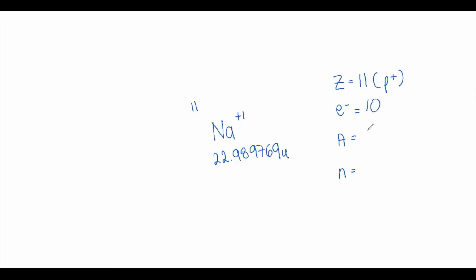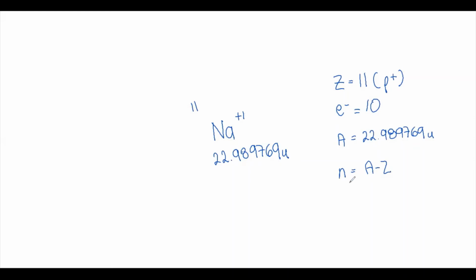Now, in A, which is the atomic mass, we have 22.989769 units. So when we want to get the neutrons, what we do is A minus Z. Remember that the neutrons depend on the isotopes given by the elements.